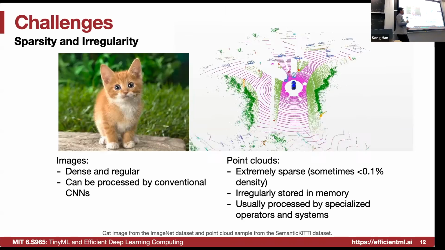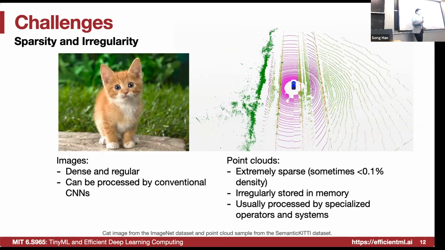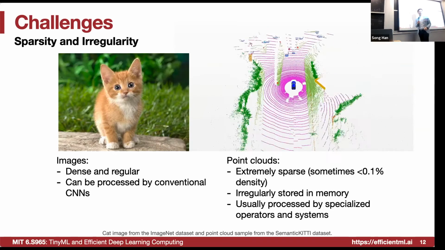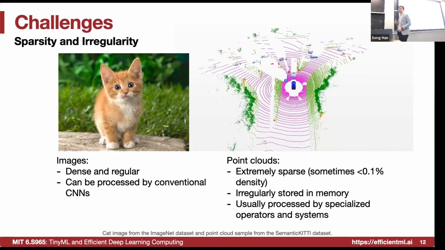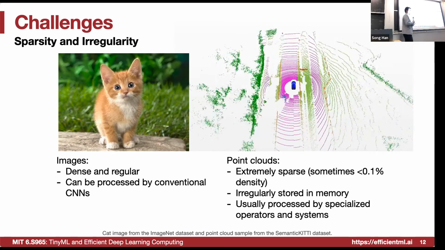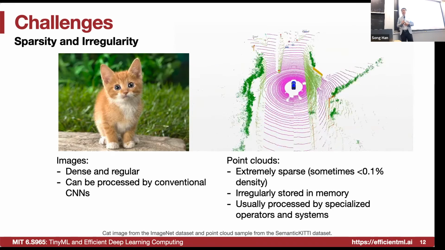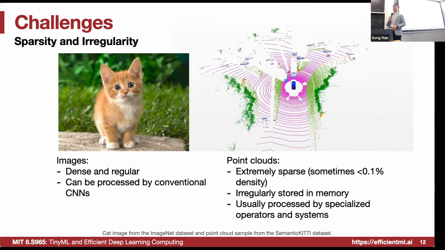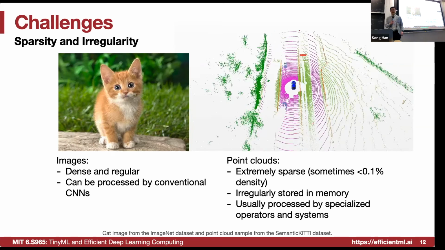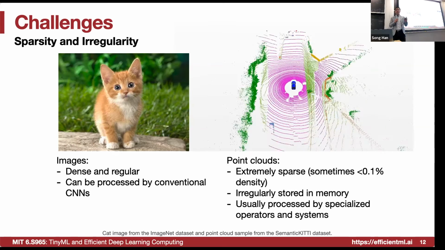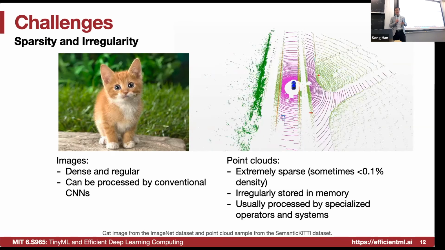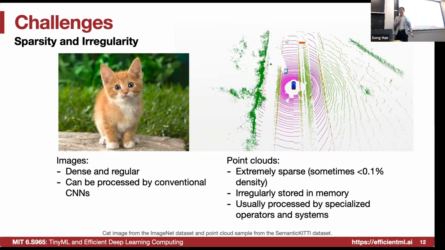Even existing sparse neural network accelerating frameworks are not targeting such a sparsity level, right? They're usually targeting 30%, 10%, 50% sparsity level, as we discussed from pruning, right? So this is fundamentally different from the sparsity of pruning. So let me pause for 1 second for you to think about what is the difference between the techniques to accelerate pruned neural networks versus to accelerate the point cloud.